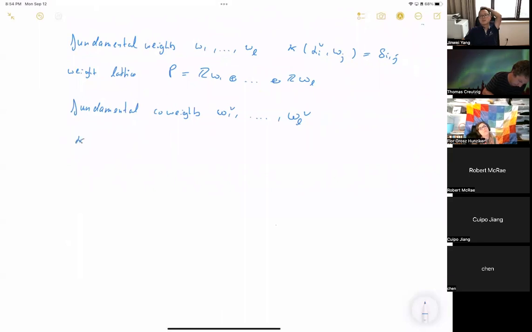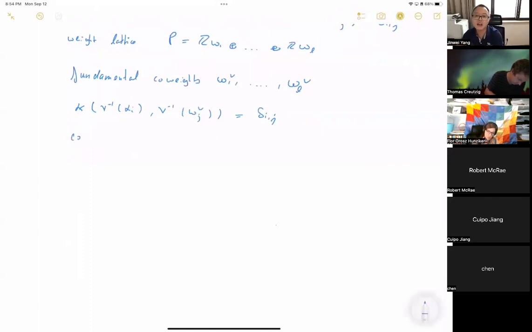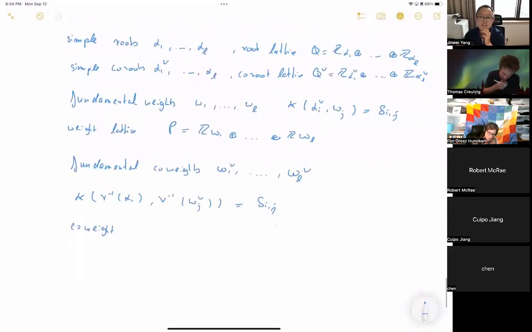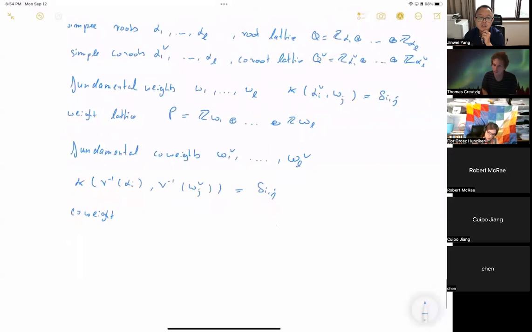So this means they are dual to the roots. Here your fundamental weights are in H, right? The fundamental weights are in H exactly, and the co-weights in H dual. Okay.